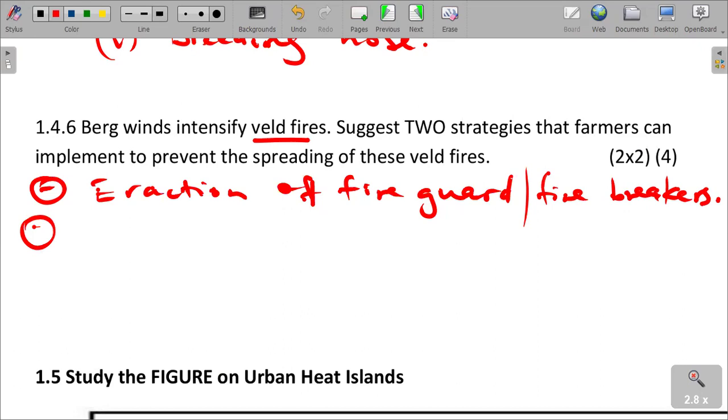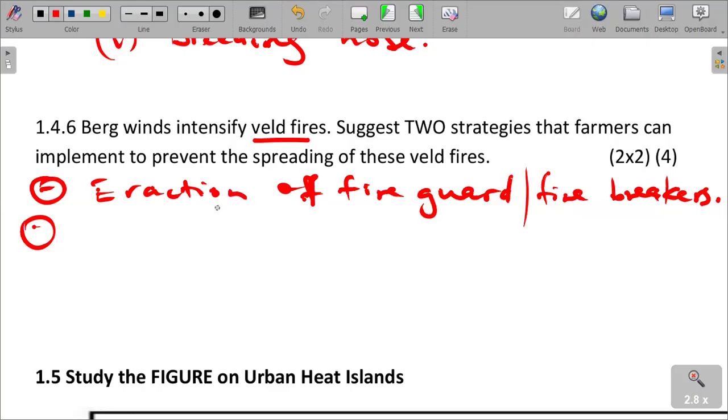What happens is that some pathways are cut, some places are cleared of grass and vegetation, such that if fires are formed, the fire cannot cross over that open space which has no grass or vegetation. So we call that a what? A fire guard or a breaker.